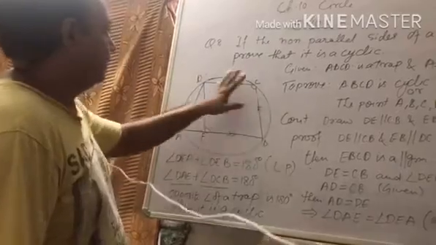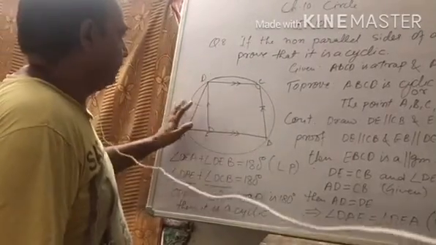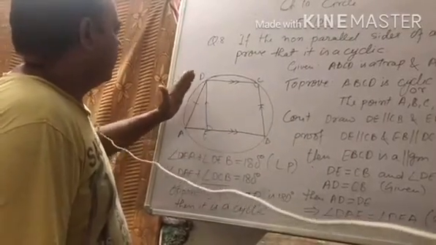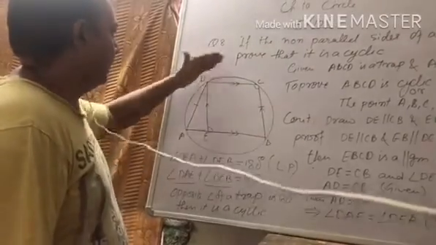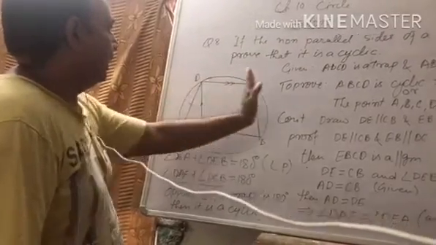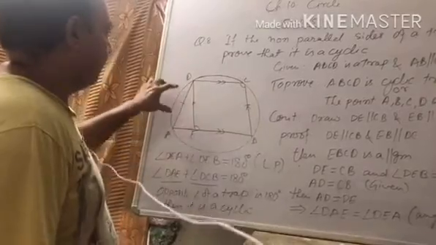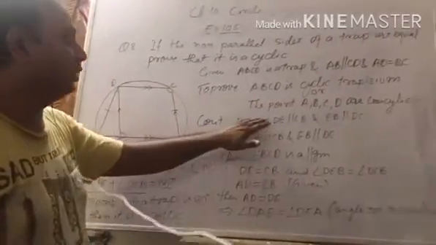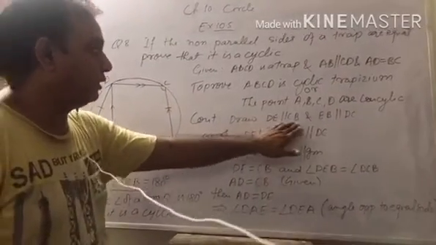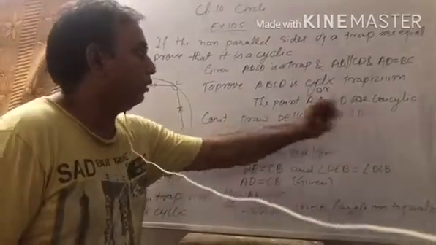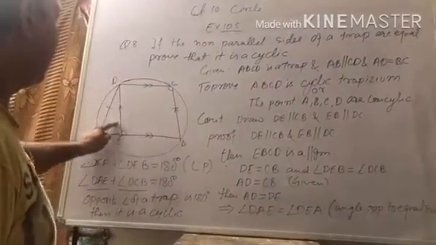See, this is ABCD, a trapezium, and AB is parallel to CD, and AD and BC, which are non-parallel, are equal. Construction: draw DE parallel to CB and EB parallel to DC. This is the construction.